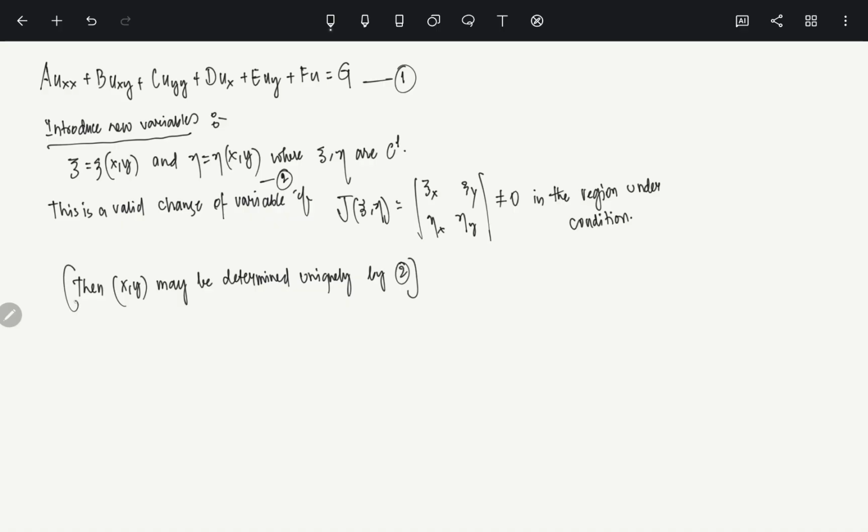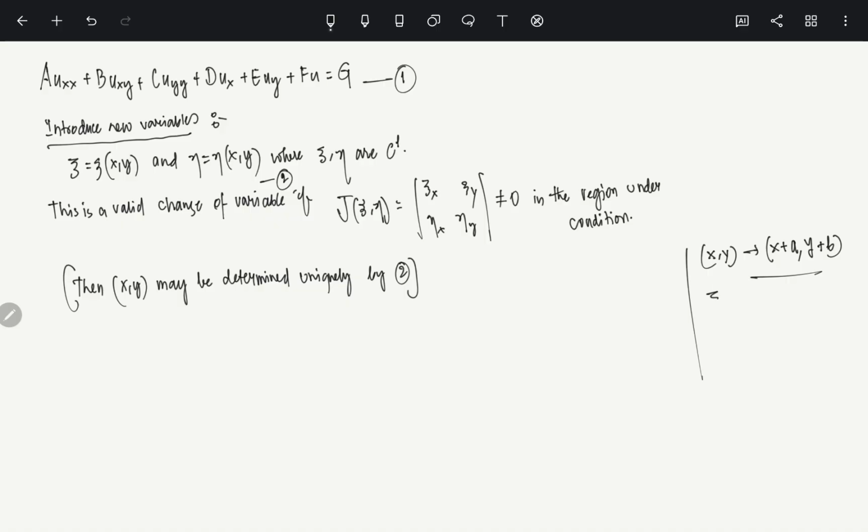Let us take a moment and try to understand what that Jacobian non-zero looks like. Let's say you have x comma y, and you are changing it to x plus some constant a and y plus some constant b. Let's understand if that is a valid change of variable or not.